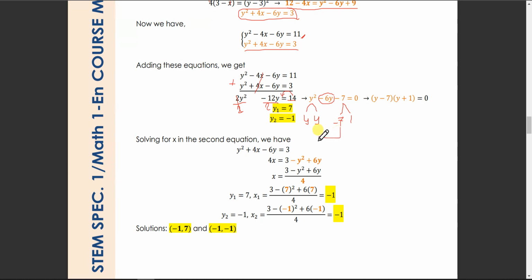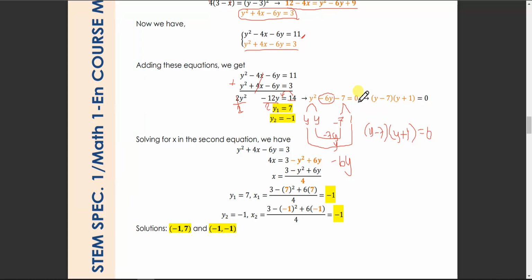So, if we multiply y by negative 7, that is equal to negative 7y. Then we multiply y by 1, that is equal to y. Then if we add this, negative 7y plus y, that is equal to negative 6y, which is equivalent sa atong middle nga term. So, after that, gi-pair na nato sila, then we have y minus 7 and isa pa ka pair, that is y plus 1. So, we have y minus 7 and y plus 1, which is equal to 0.